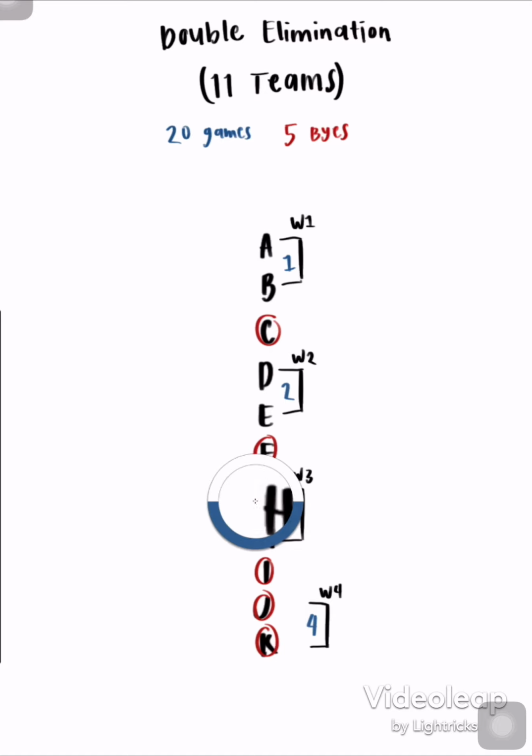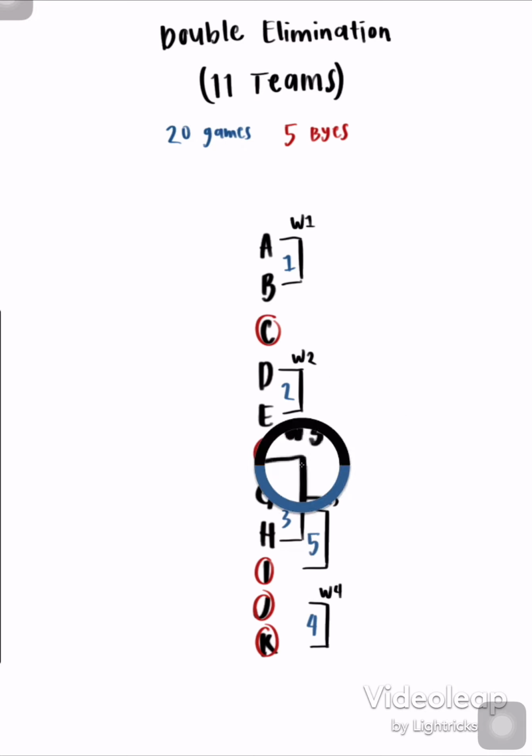After that, I is going to be competing with the winner of game 3, which is either G or H. So there's going to be winner number 5 here, and this is game 5.